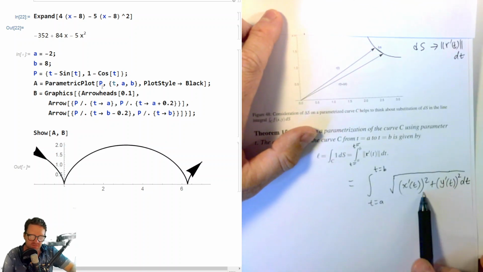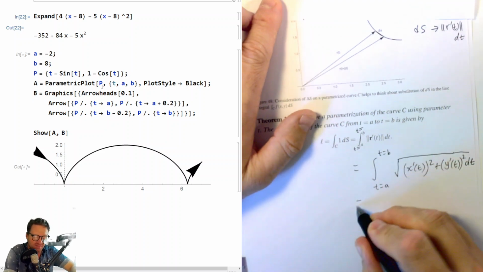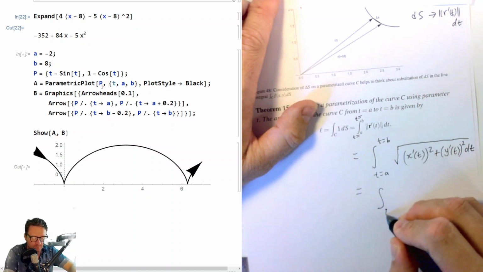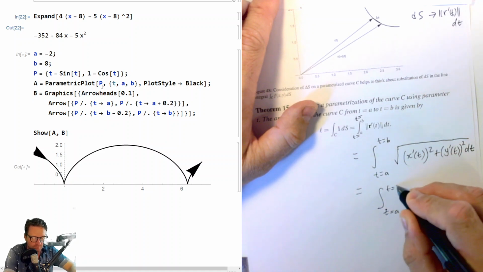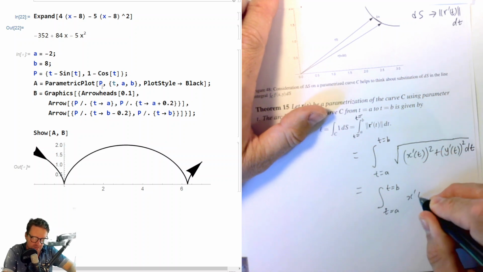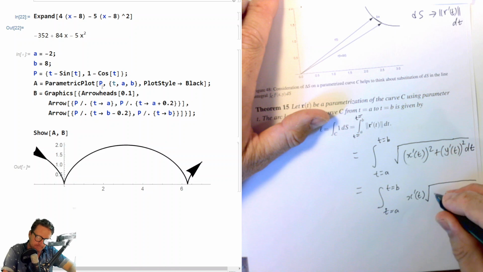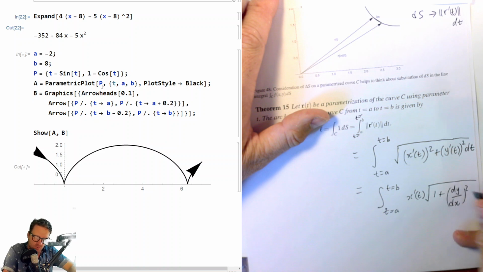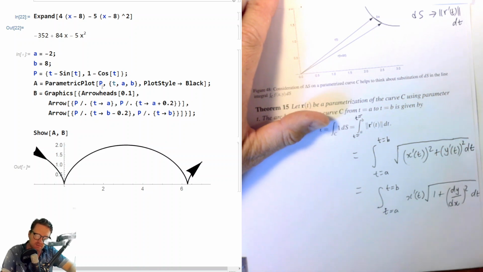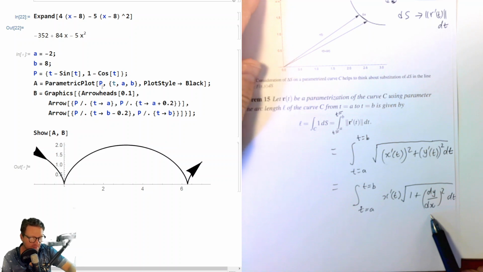Okay, and if you wanted to, you could even factorize out an x' out of this. So when you did that, you would have x'(t) square root of 1 plus dy on dx all squared, and then dt. Okay, so this is another formula for the arc length of a curve, right?